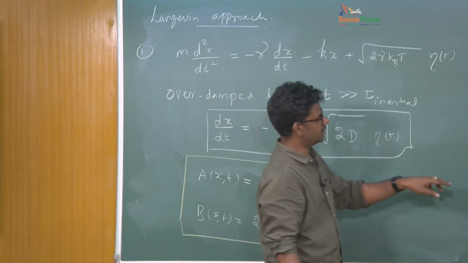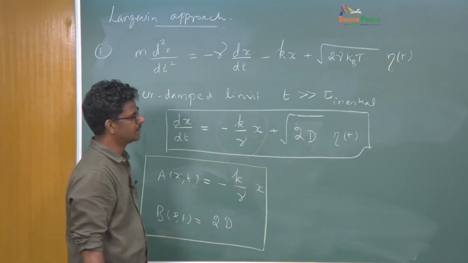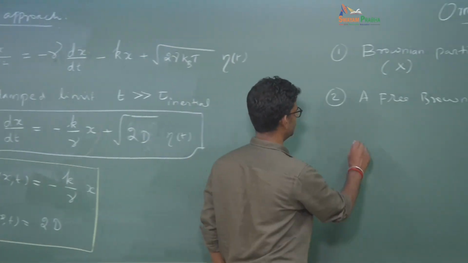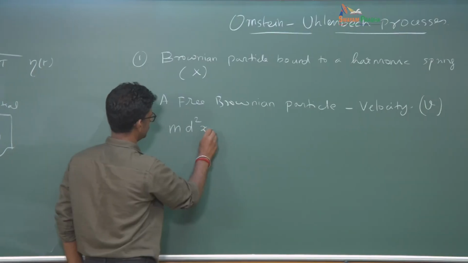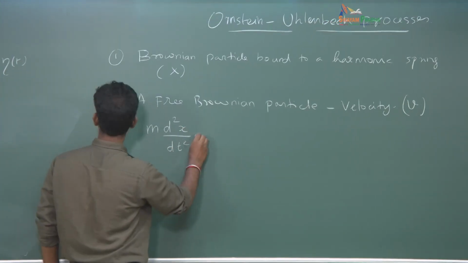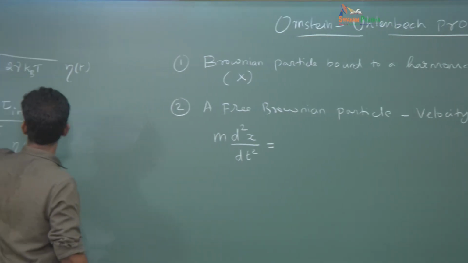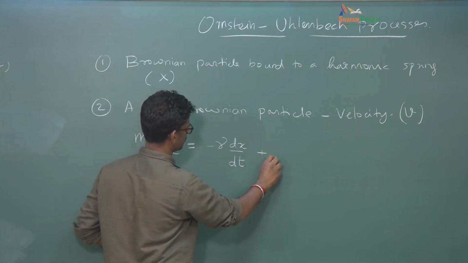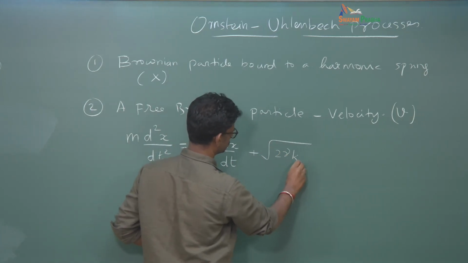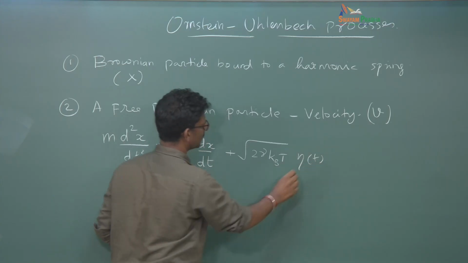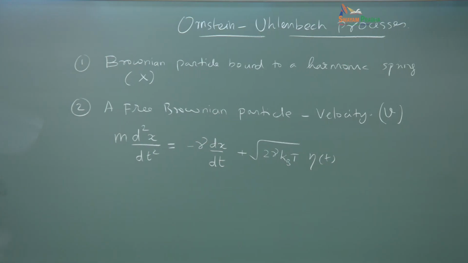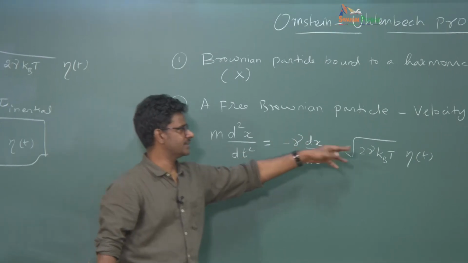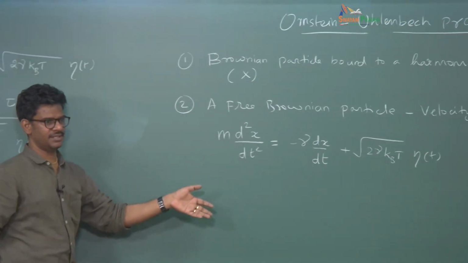Now similarly, let us look at a free Brownian particle, and you are interested in the velocity. So again we go with the same equation like here, m, you have this term, this is a free Brownian particle, so there is no spring force here. Now here it is written as a second order ODE in terms of position, but we are actually interested in the velocity. So we will write dx by dt as velocity.